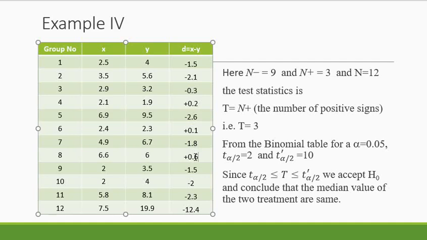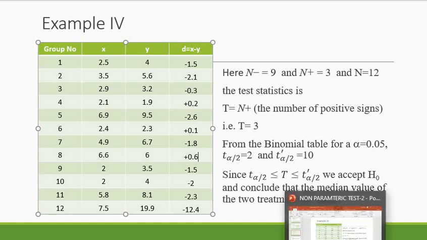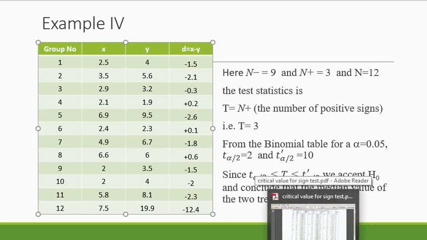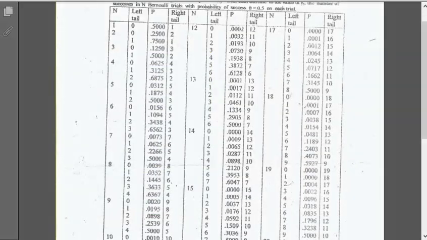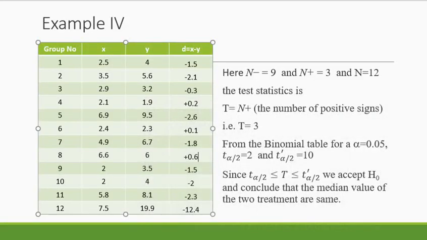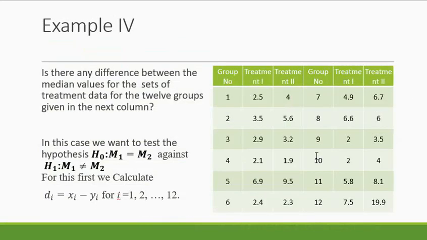Capital N has 12 values. And again, T plus, that is T equal to n plus, is taken as the sample. So T equal to 3, and we can obtain the two values from the table. It is 12, and the alternative hypothesis is two tails.